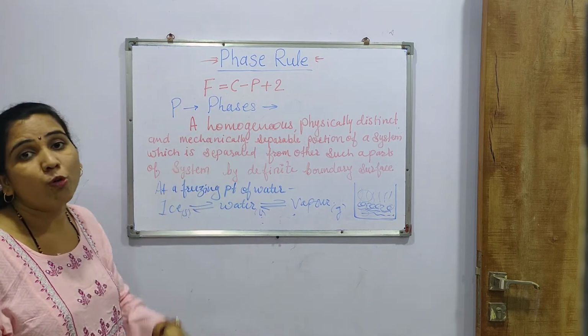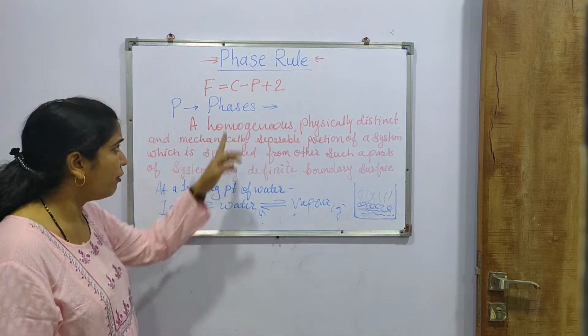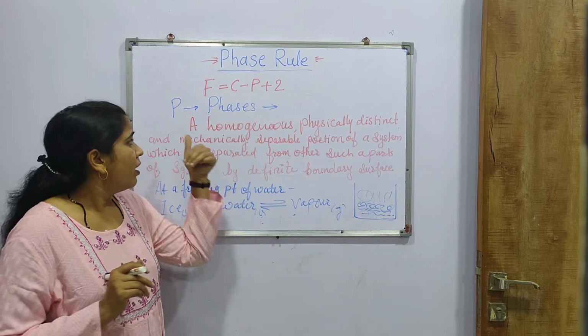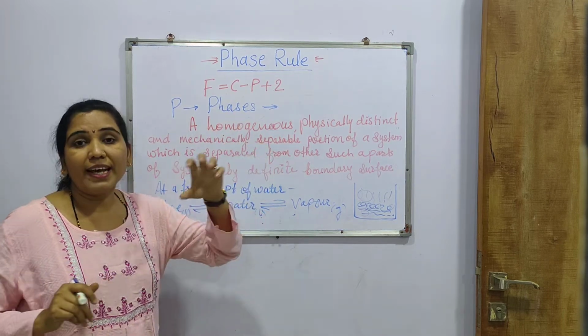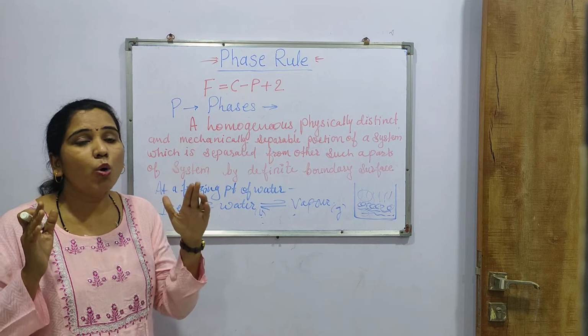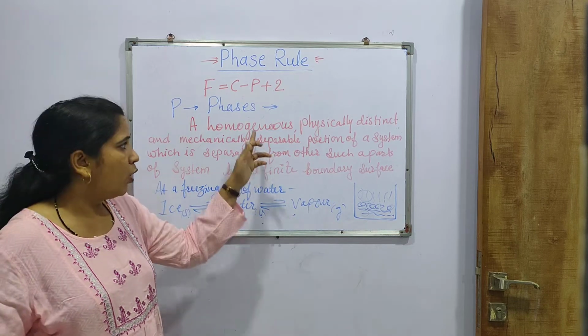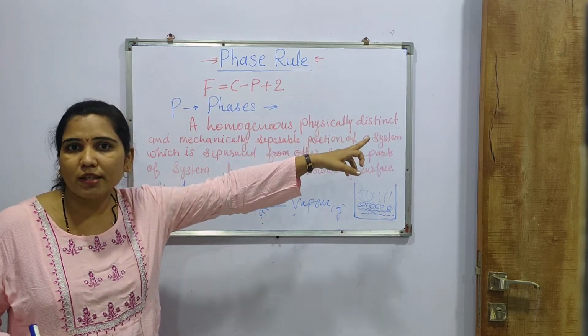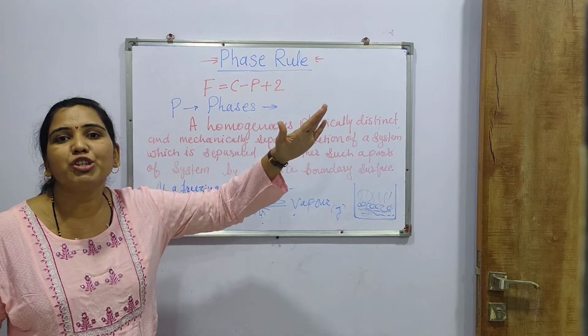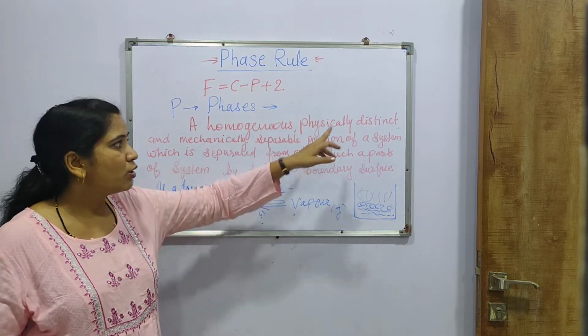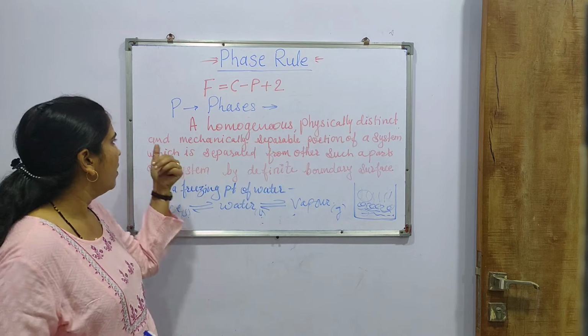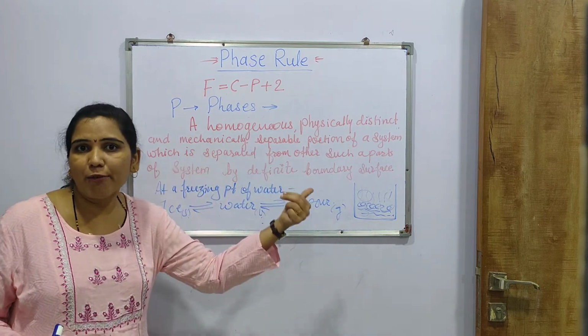Now next is, what are phases? A phase is homogeneous and physically distinct. Physically it can be distinguished, it can be differentiated. So it is physically distinct and mechanically separable.